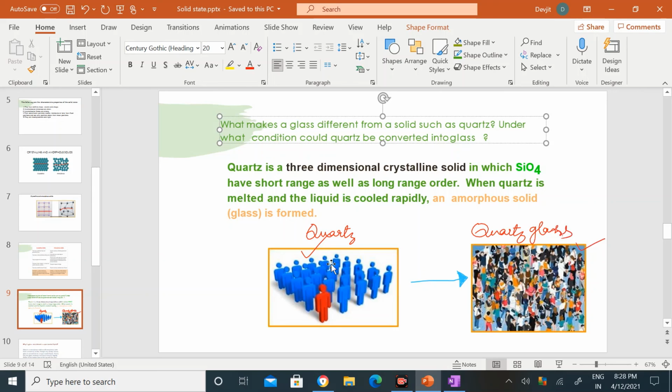So it is easy for quartz, which is crystalline in nature, to convert into quartz glass by heating it and rapidly cooling it. But it is tough to convert amorphous solid, that is quartz glass, into crystalline quartz. It is possible, but it is tough.